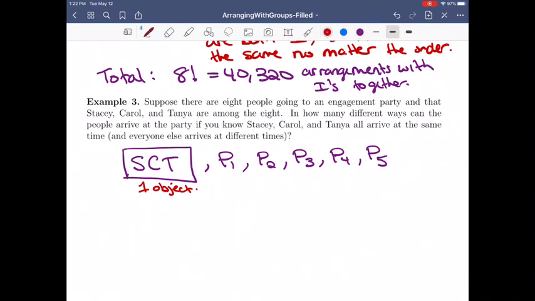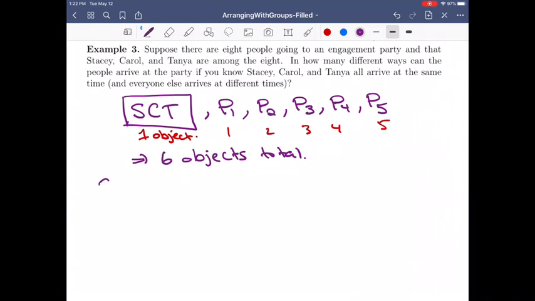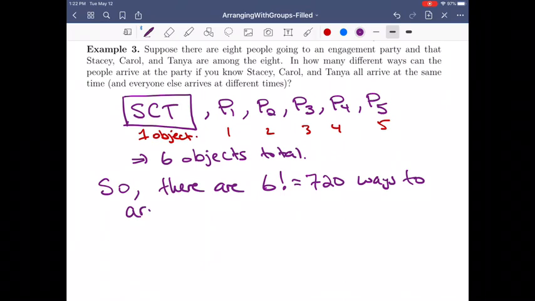Okay, so we have one object, and then we have 5 other things. Okay, so that means that we have 6 objects total. So there are 6 factorial, which is 720 ways to arrange the 6 objects.